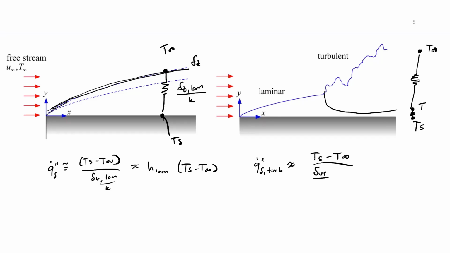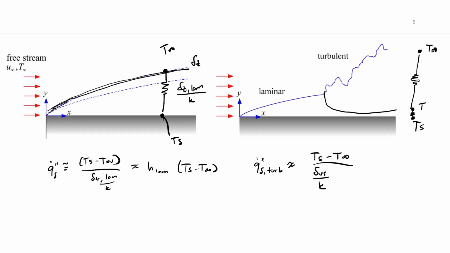Is it my effective conductivity, or the molecular conductivity? Anyone know? The viscous sublayer? Molecular, right? Because it's laminar flow there. The only mechanism for heat transfer in the viscous sublayer is conduction, not bulk fluid motion. So this is just going to be plain old K.